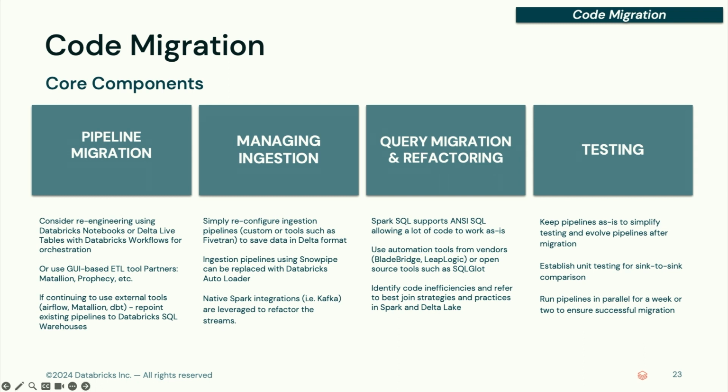From a code perspective, Databricks SQL is based on ANSI SQL, but we all know that's only part of the story. ANSI is more of guidance on SQL, but everyone has their own flavor of ANSI SQL. So again, use automated tools as much as possible to help with that. We have some partners that I'll talk about in a second, but once you do that, you really want to start focusing on the performance issues that come with translating code.